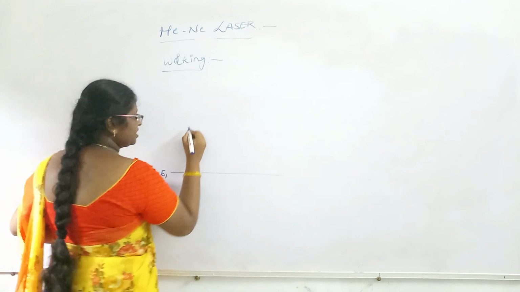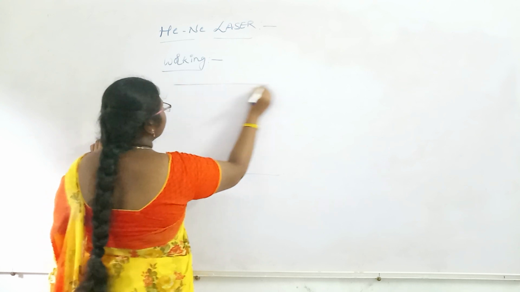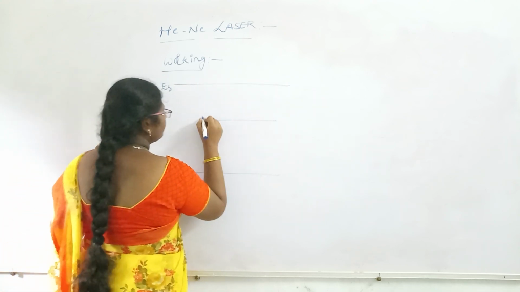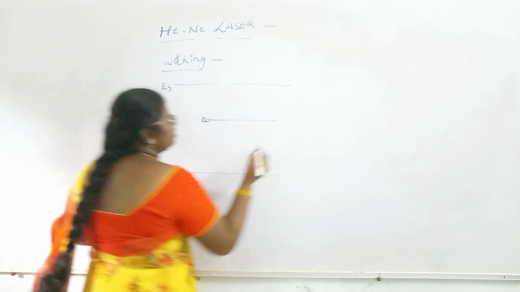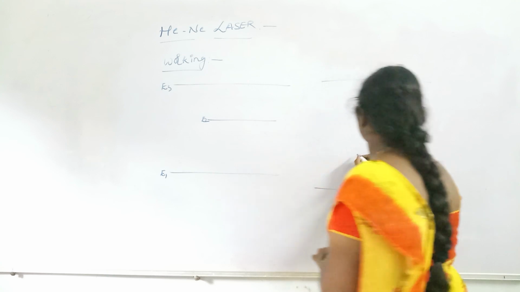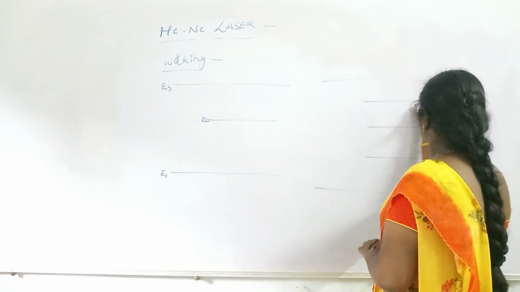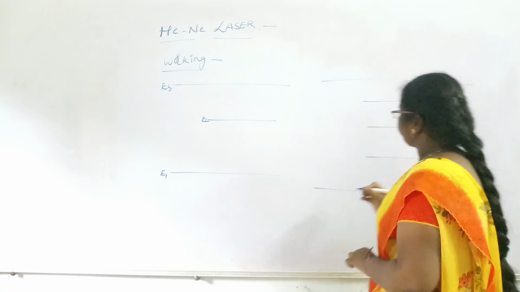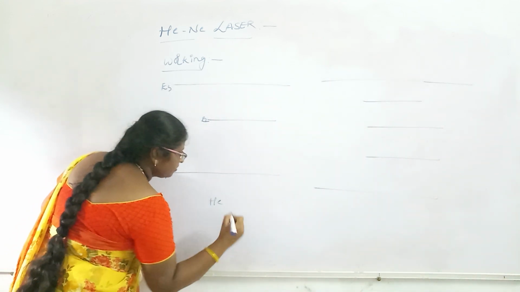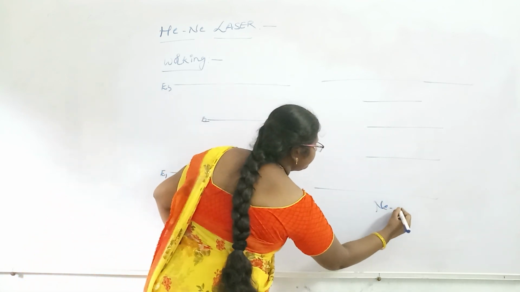This is the E1 state. This is the energy level diagram of the helium atom, and this is the energy level diagram of the neon atom.